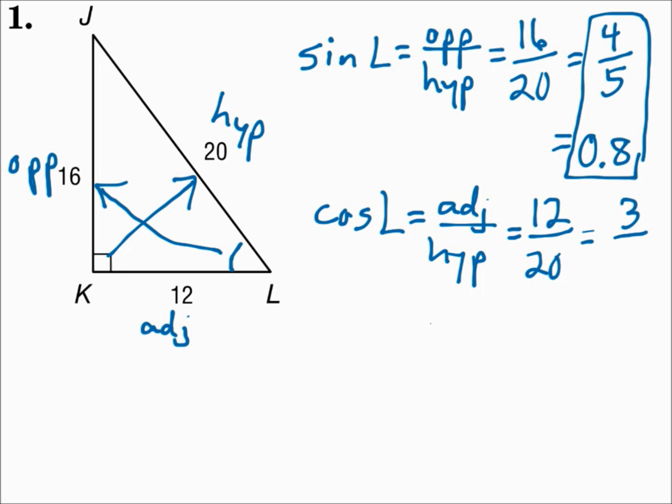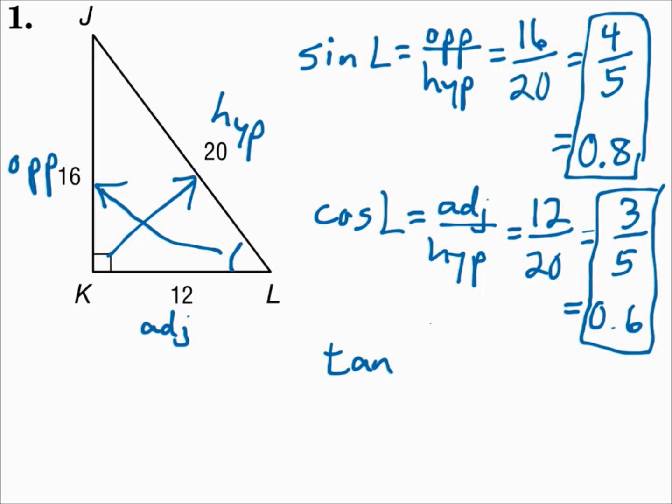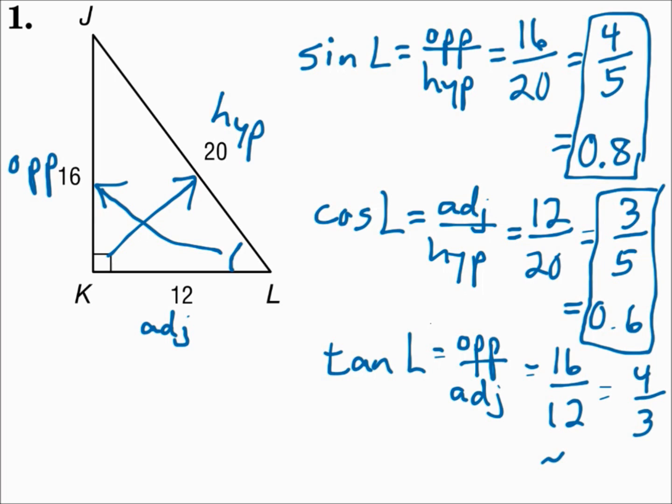That reduces to 3/5, which as a decimal is 0.6. Tangent of L equals opposite over adjacent. Opposite is 16. Adjacent is 12. That reduces to 4/3, and as a decimal, that's about 1.33. So use your sine, cosine, and tangent formulas and substitute in the side lengths for opposite, adjacent, and hypotenuse.